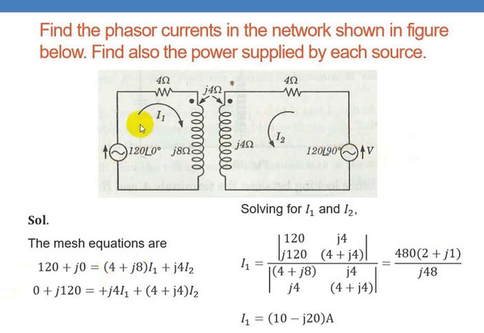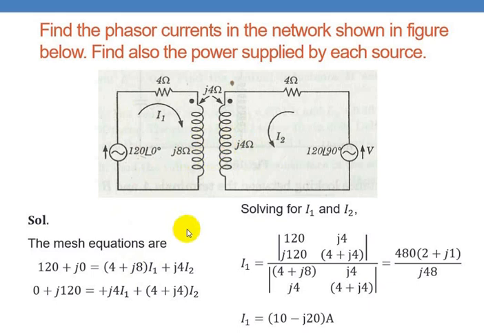The mesh equations: for this mesh, it is 120 plus J0. The voltage itself you can write as equal to the sum of the voltage drops. That is, you add the resistance and reactance in this part of the circuit. So in this mesh, that is 4 plus J8 into I1. Then you may not see a common element between the two circuits, because these two are only coupled circuits.